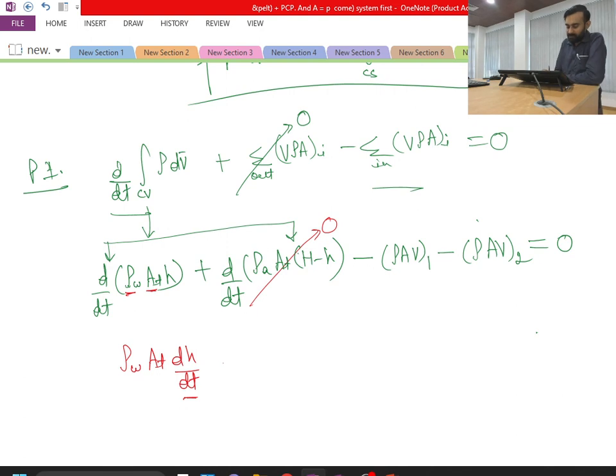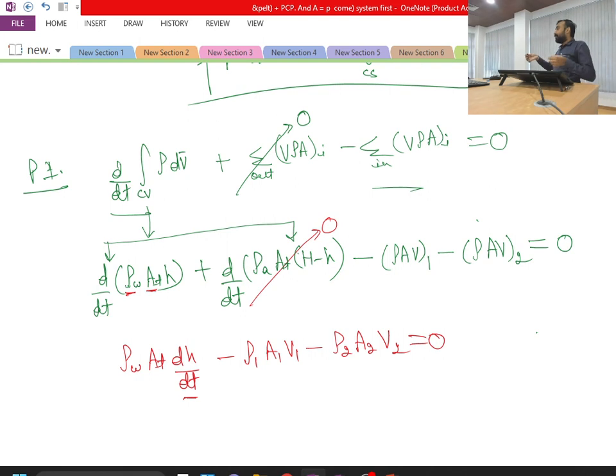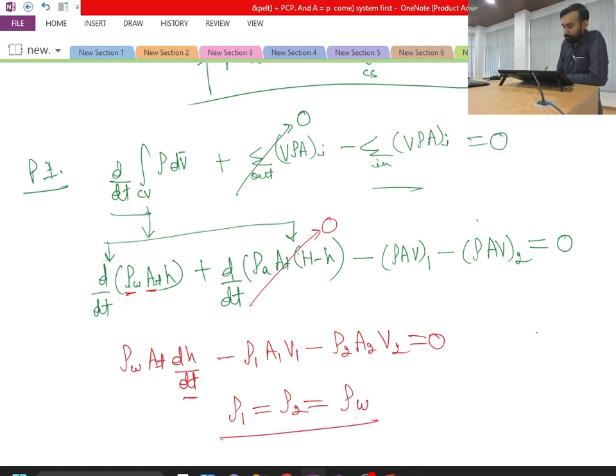Okay, so this is equal to minus rho1 A1 V1 minus rho2 A2 V2 equal to 0. Now water temperature is given same for everything, for water present in the tank as well as for water coming through the inlets. So ultimately I can say that rho1 will be equal to rho2 will be equal to rho w. So density will be same.